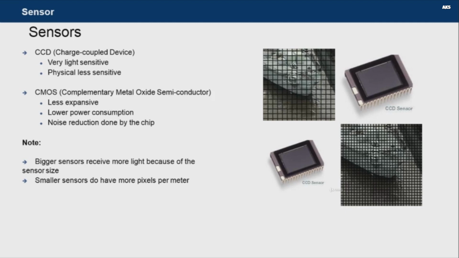And for CMOS technology, recent advances bring them closer to their CCD counterparts in terms of image quality. CMOS sensors lower the total cost of the camera since they contain all the logic needed to build a camera around them.